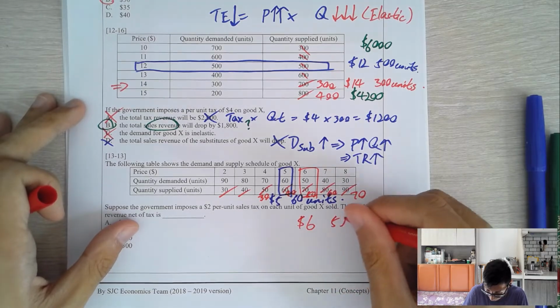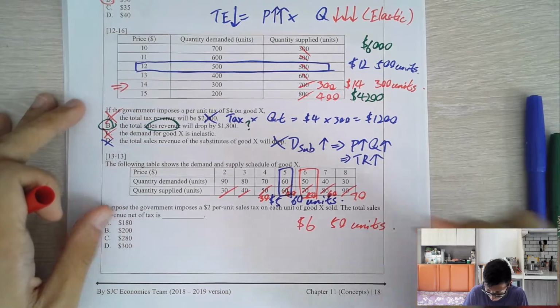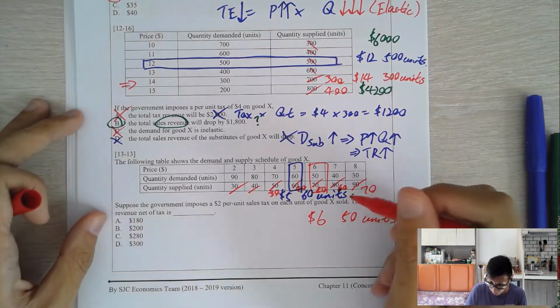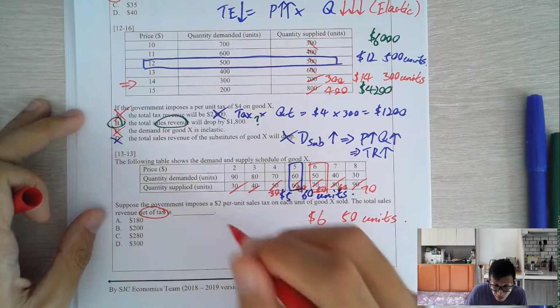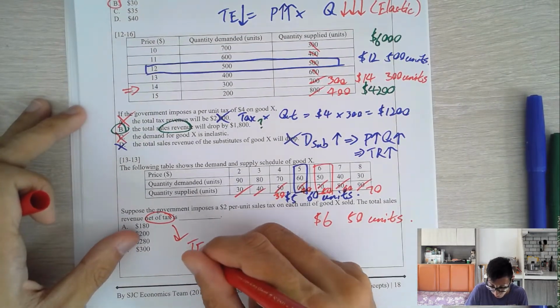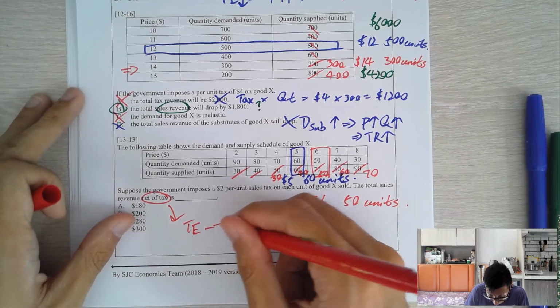$6, 50 units. This time you've improved, three years' worth of practice. Total sales revenue net of tax means we are going to calculate total expenditure minus tax.